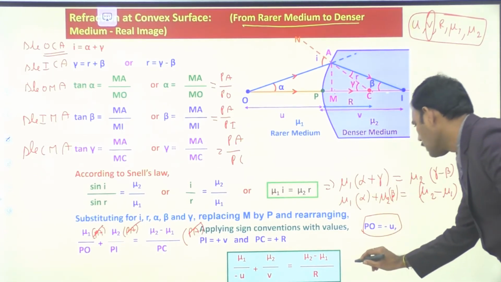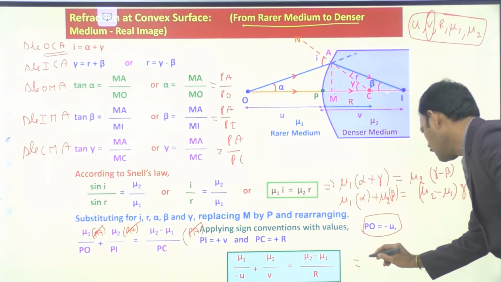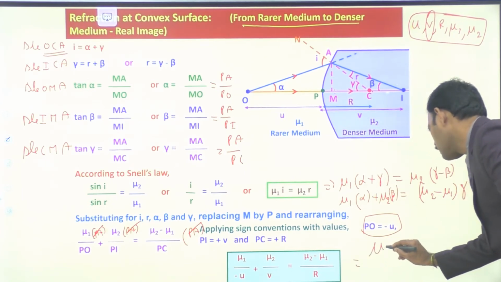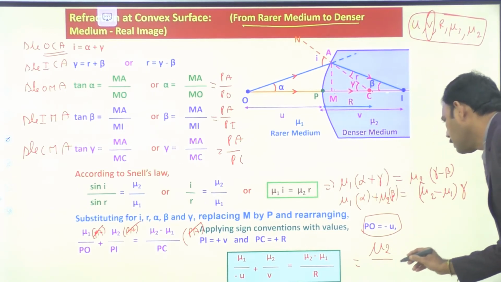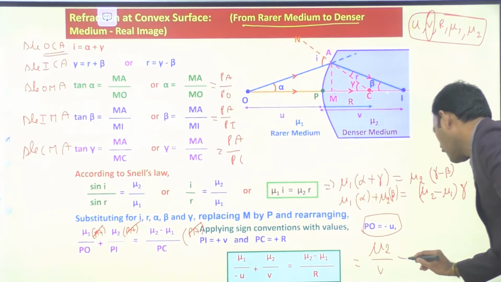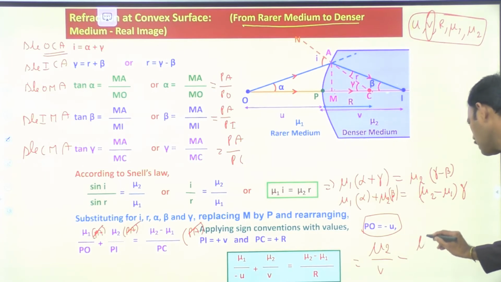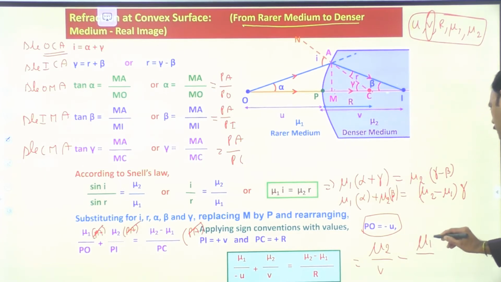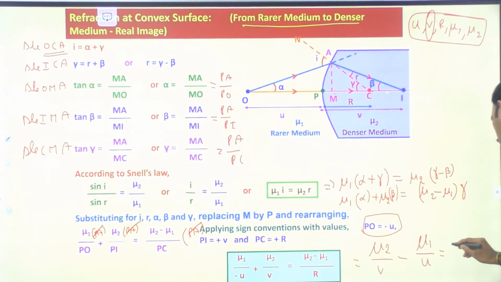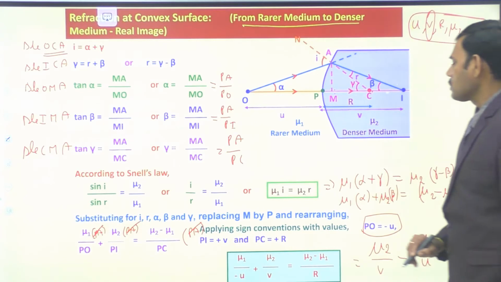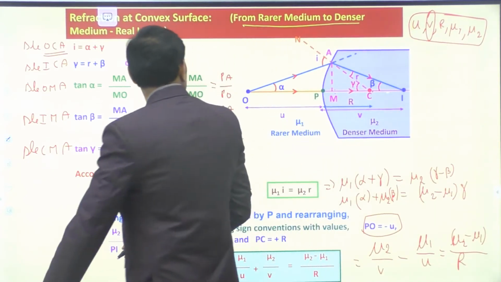This can be written as: the refractive index of the second medium, the denser refracting medium, divided by the image distance, minus the refractive index of the first medium, the incident medium, mu1 divided by U, the object distance, is equal to the refractive index of the second medium minus that of the first medium, in the numerator, divided by the radius of curvature of the refracting surface.